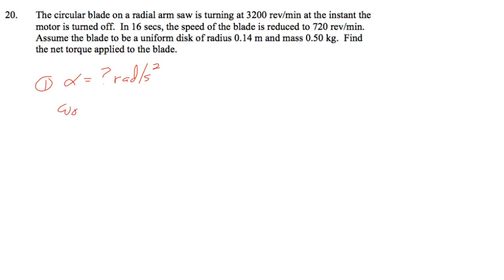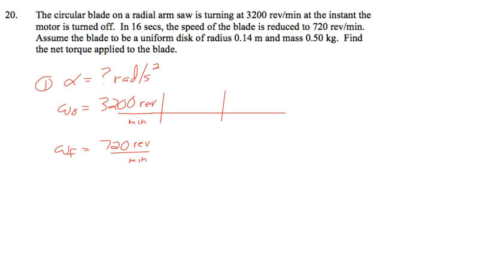So omega O is 3,200 revs per minute, and omega F is 720 revs per minute. In both of these, I'm going to have to convert the revs to radians and the minutes to seconds.